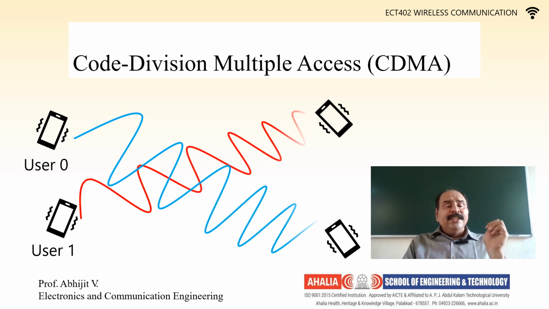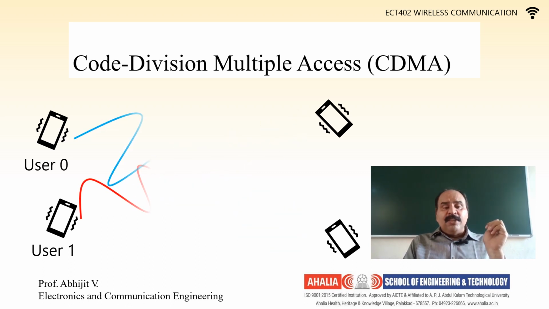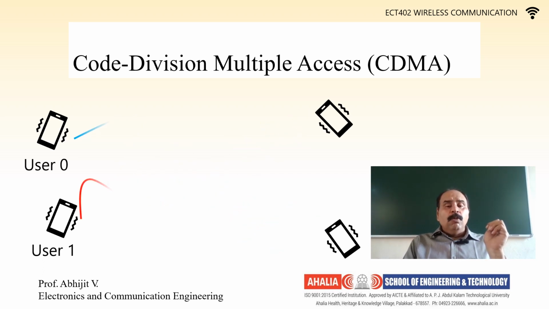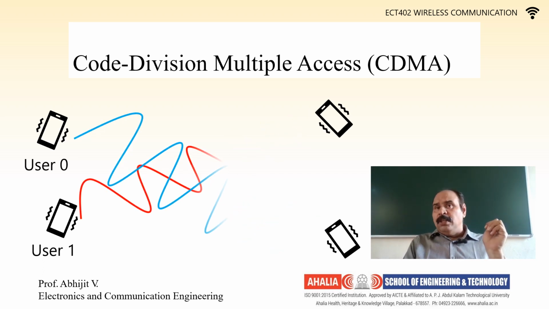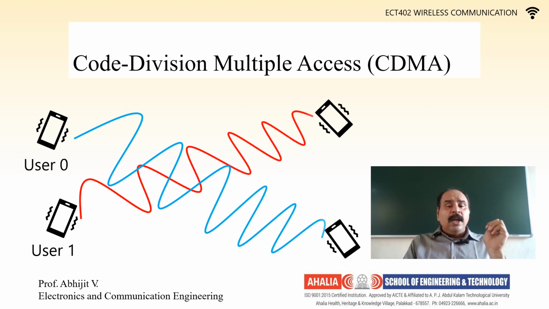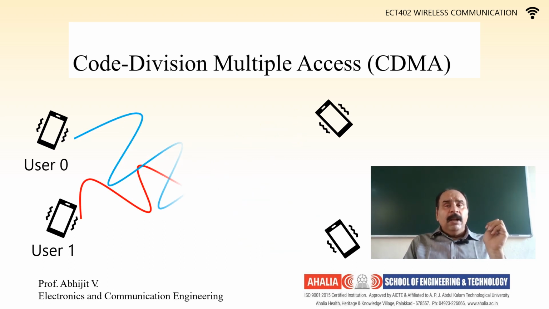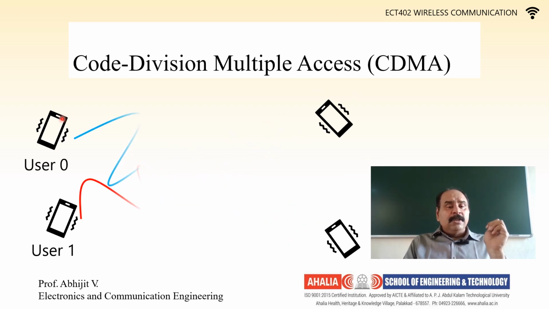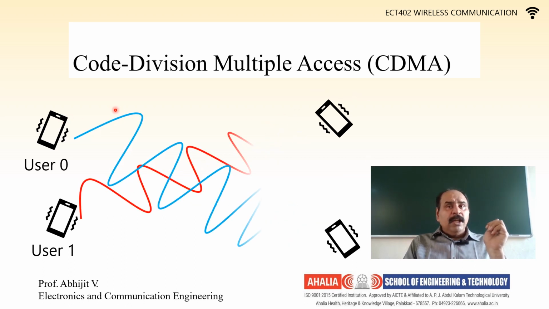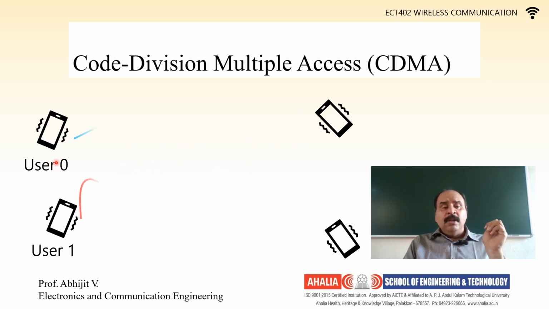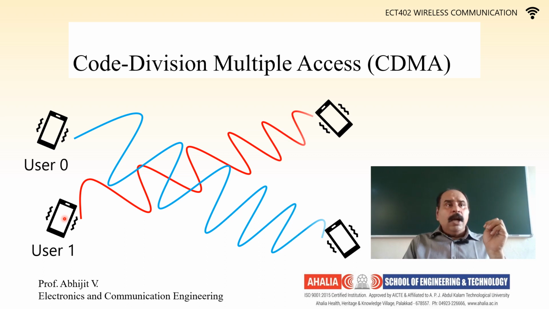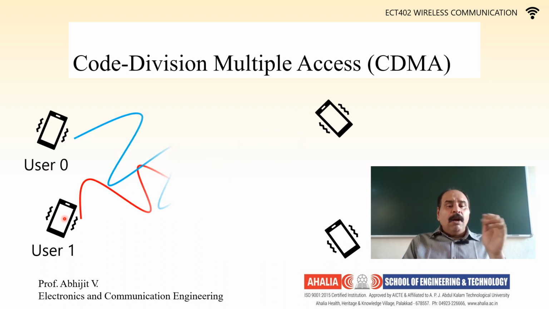Suppose user 0 wants to transmit a signal to this particular user and user 1 wants to transmit another signal to the second user. These are two signals transmitted by two users. The first user we are calling user 0 and the second one user 1.